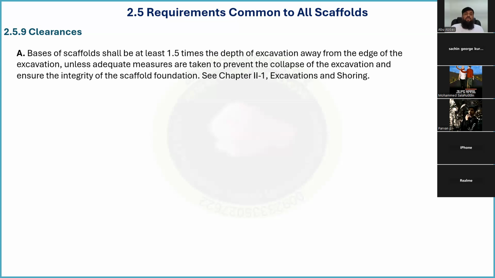So if there is some such situation, shoring and so on, that will take the load and strength of the scaffold, the expected load, then we can go with that. Otherwise we have to keep at least 1.5 times the depth as scaffold gap.